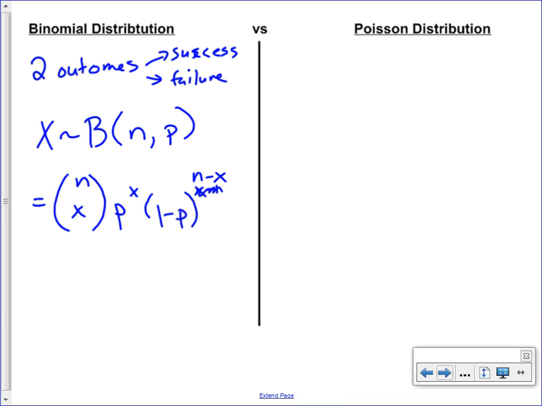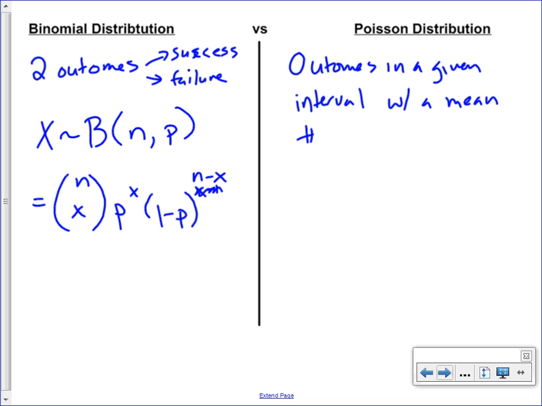Okay? Versus Poisson, right? In Poisson, it's outcomes in a given interval with a mean number of outcomes.